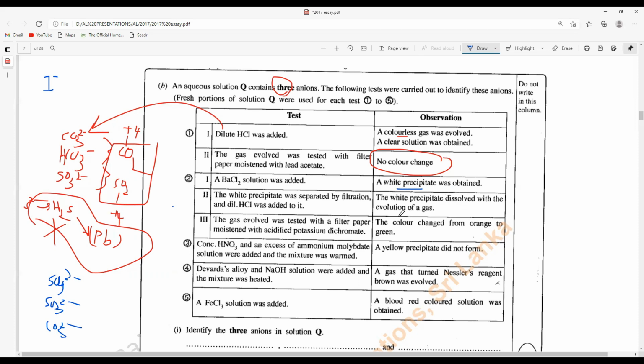So what do you think about this? They have filtered, and then they have added HCl. So if this forms barium carbonate, and if this forms barium sulfite, so if you can remember, I have discussed many times, when you have barium sulfite, we typically add HCl.